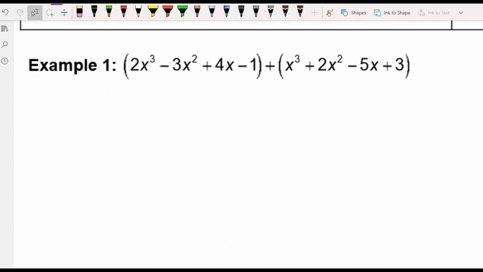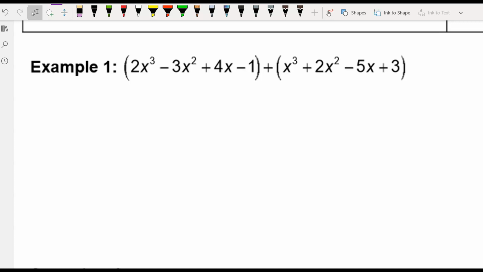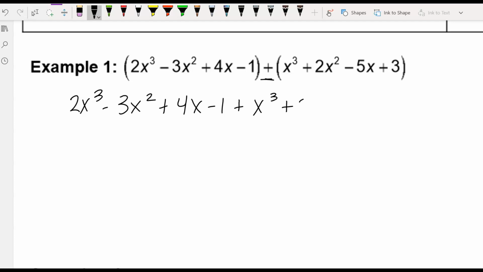So example 1, we want to add like terms together. So we want to drop our parentheses. Notice it's a plus in the middle, so we won't be changing any signs. So you're just going to write it without the parentheses.